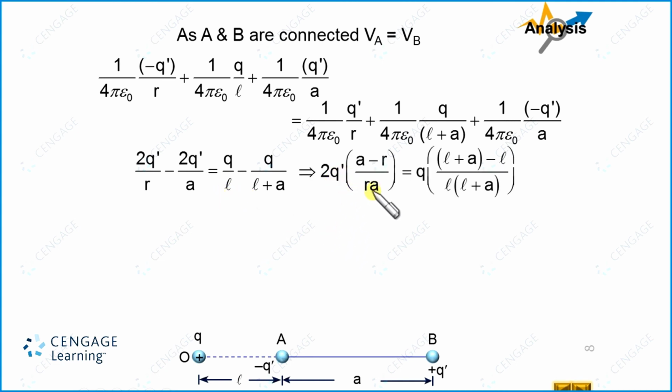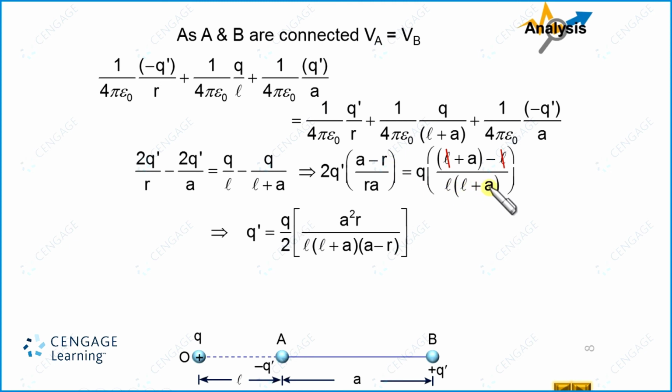Now, we can observe here q dash should be equal to this value multiplied by R A divided by A minus R and overall divided by 2. But before writing this, we can cancel out this term. Now, we can write q dash, that is q by 2, and this R A will be multiplied by A, that will be equal to A square R, and in the denominator L multiplied by L plus A and the multiplication of this term.